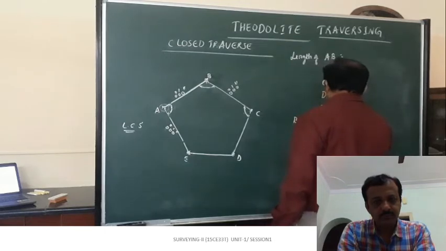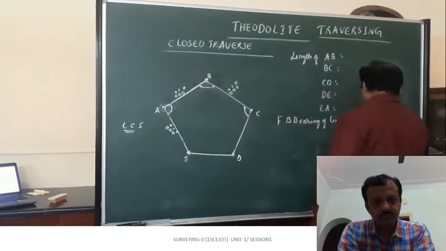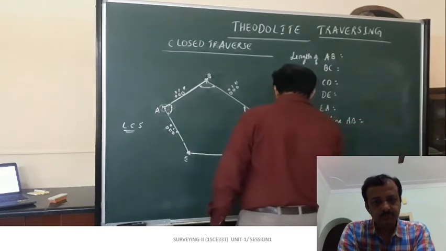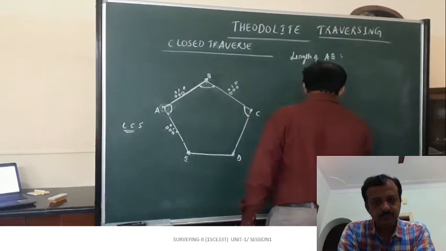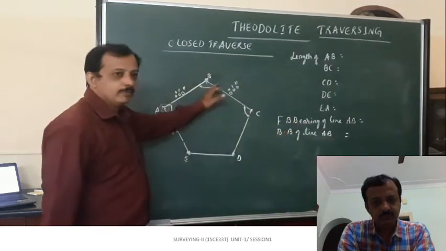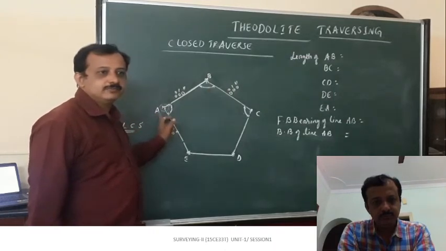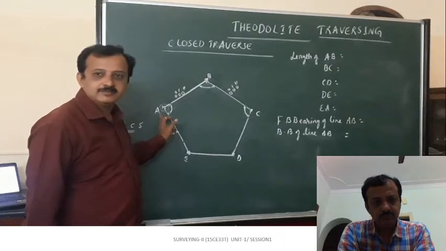Bearing of line, that is fore bearing you take. Fore bearing of line AB and back bearing of line AB. Both fore bearing and back bearing you take. What should be the difference between fore bearing and back bearing?